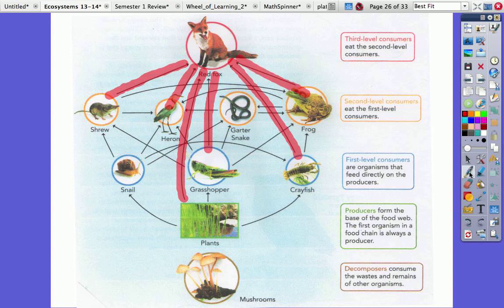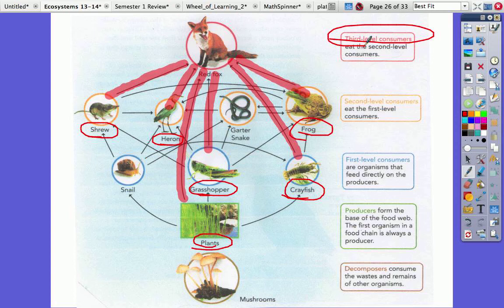So that means the red fox actually consumes energy and gets energy from the shrew, the heron, plants, grasshoppers, crayfish, and frogs. At this point, this third level consumer is an omnivore because it eats plants and animals.